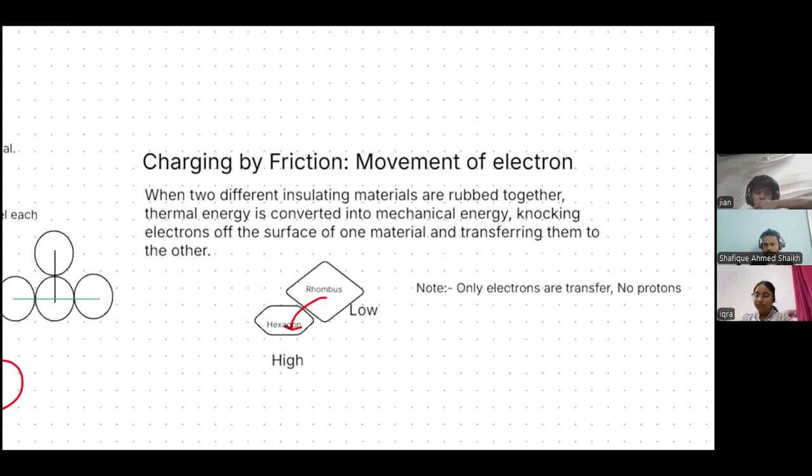Protons are completely safe and locked inside the nucleus. Is that clear? What is transferred? Only the electrons.